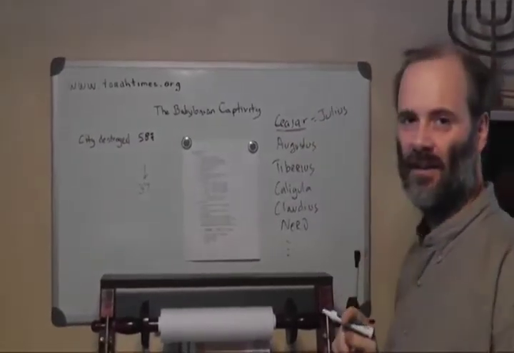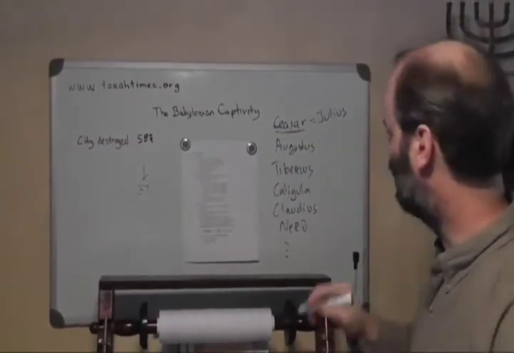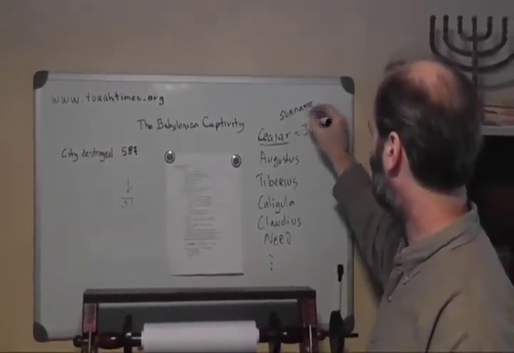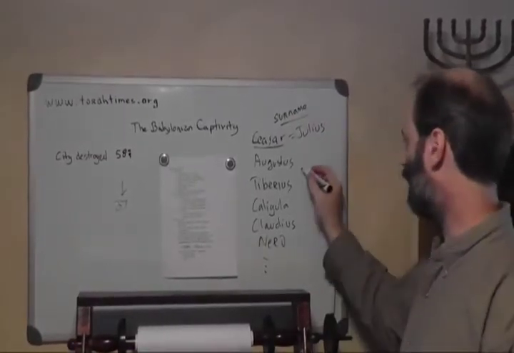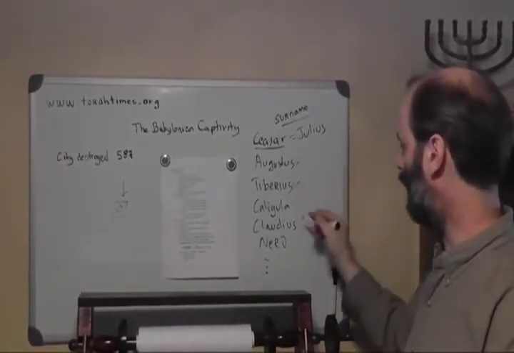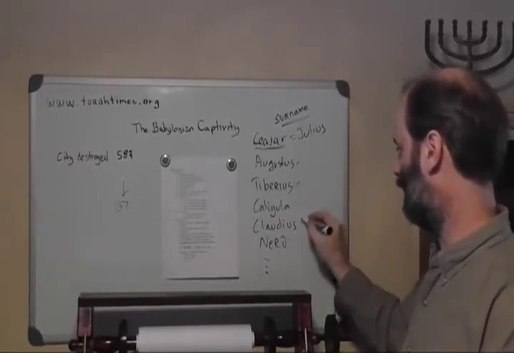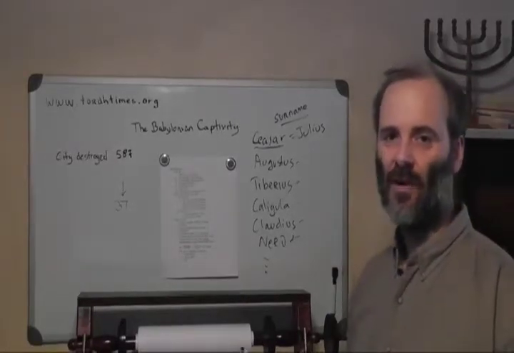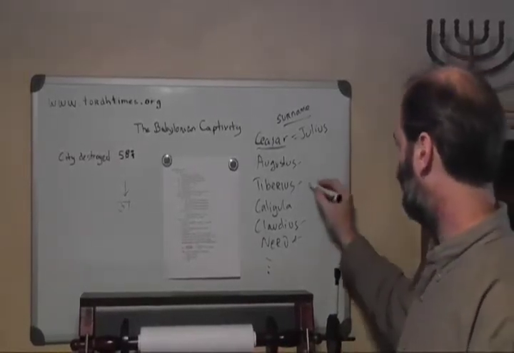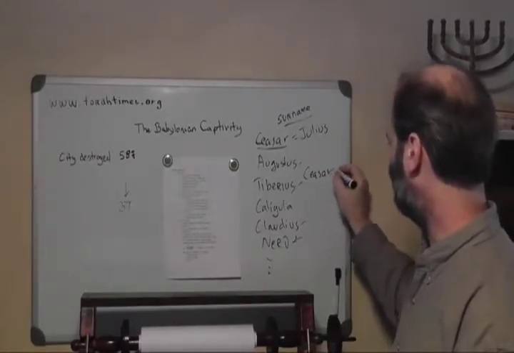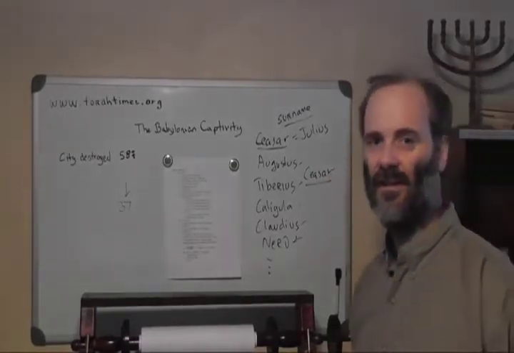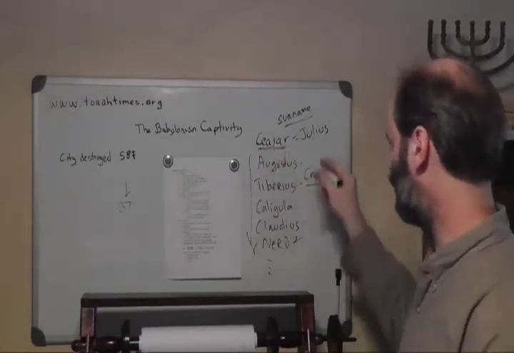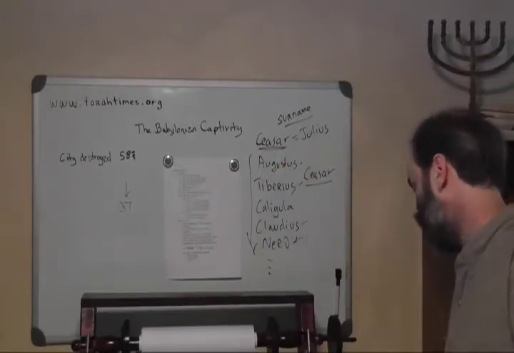Caesar is the family name. We call a family name a surname. So Augustus is also Caesar. Tiberius is also Caesar. Caligula is also Caesar. Claudius is also Caesar. Nero is also Caesar. Even if they weren't connected to the Caesar family, they were adopted into the Caesar family, and they got the title that goes with it. So that's how all the Roman emperors are Caesar, but we could call the first one Caesar.